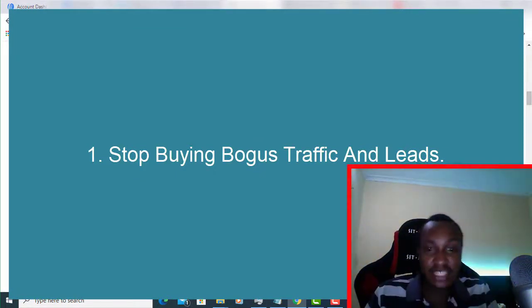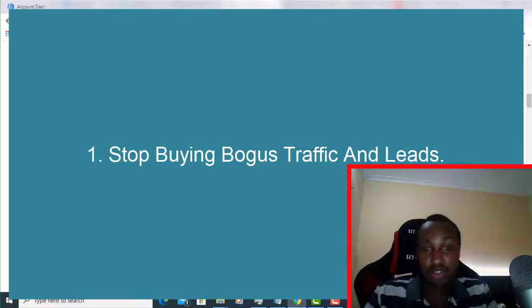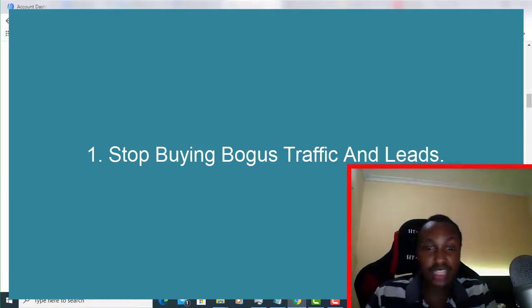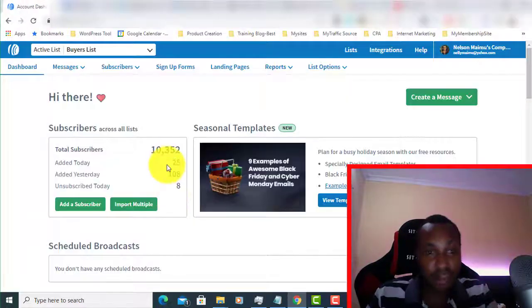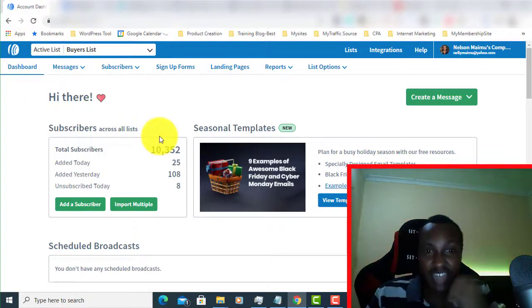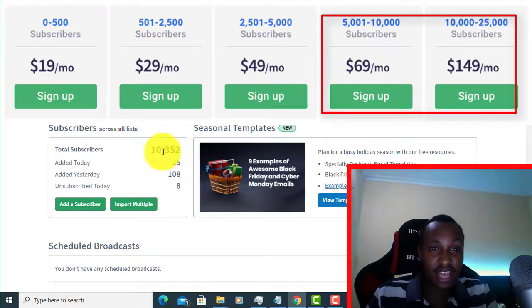Just understand that business is all about profit, and if you are not making profit, the numbers in the autoresponder account just cost you money, because you are still paying the autoresponder a certain amount every single month. As you can see here, I have about 10,000, so every month I pay AWeber $69. This is the limit for 10,000.